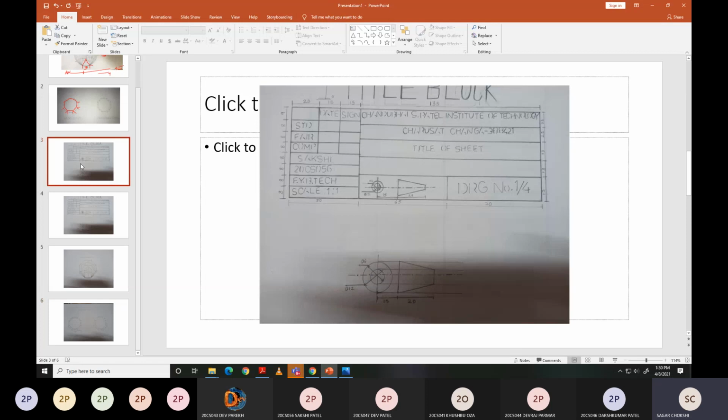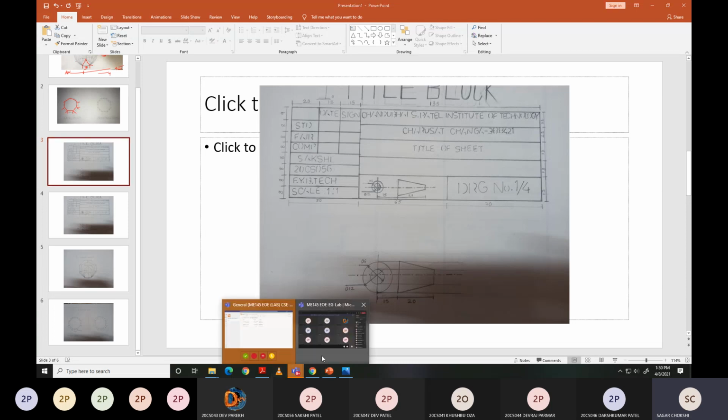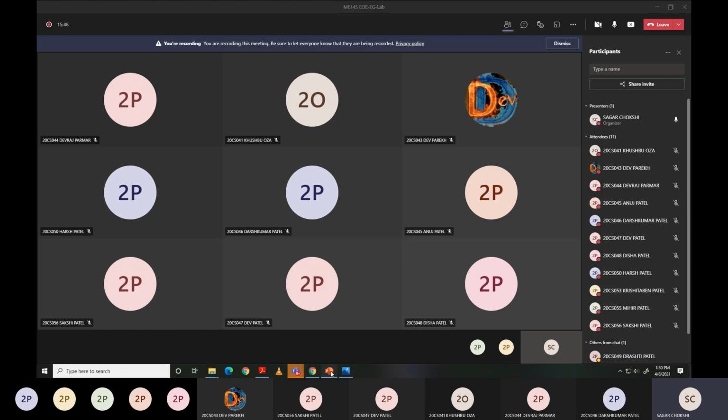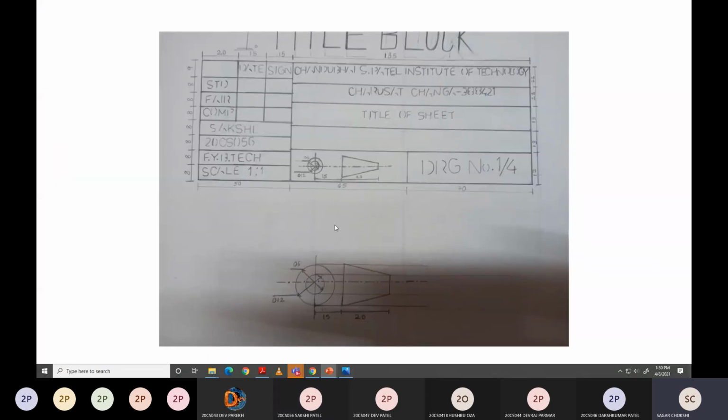Okay, so let us check the drawing of Sakshi now. Here your table must be in the center of your sketchbook.